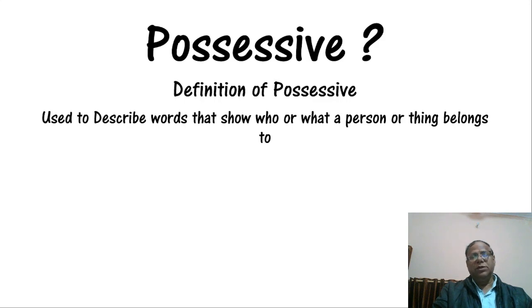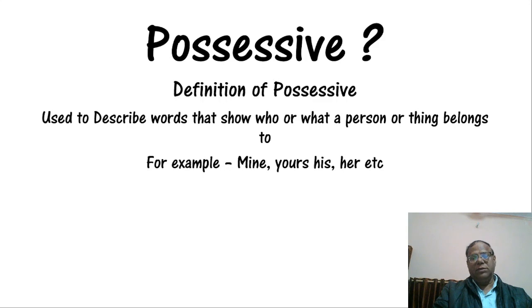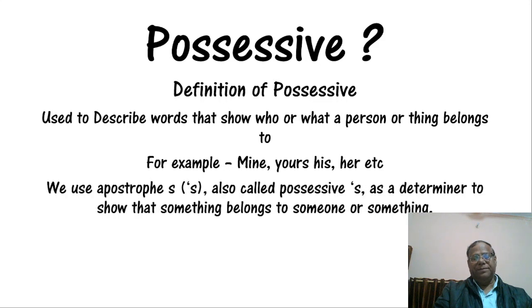कि possessives वे शब्द होते हैं जो ये बताते हैं कि कोई व्यक्ति या वस्तु का किस पर अधिकार है. For example, mine, yours, his, her, etc. ये सब possessives केस कहलाते हैं.